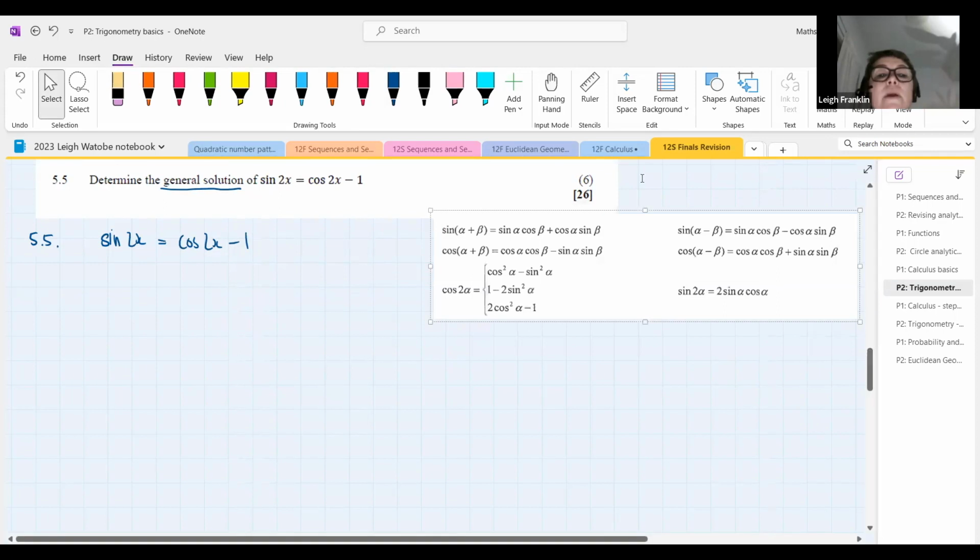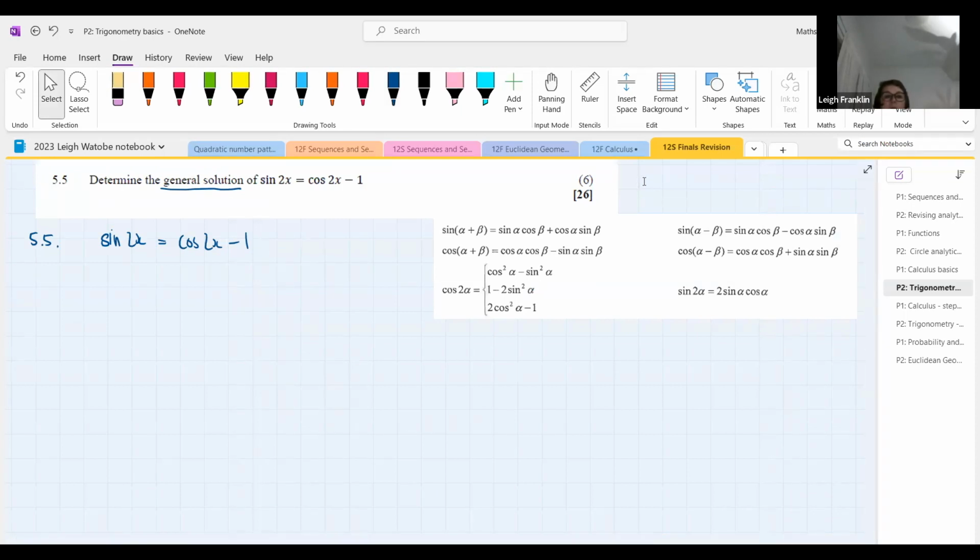And now we can do this question. What do you think we should do in this case? We know we're doing a general solution. We've got our double angle formulae here in front of us. So what would you guys do? What would you do here?